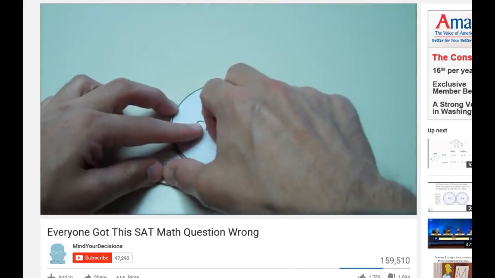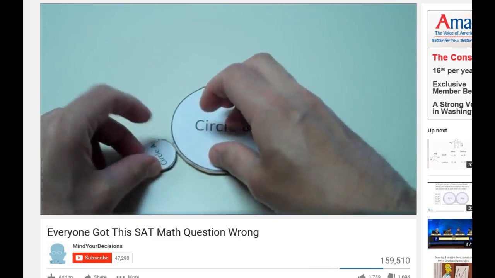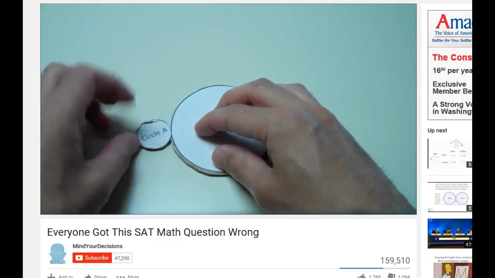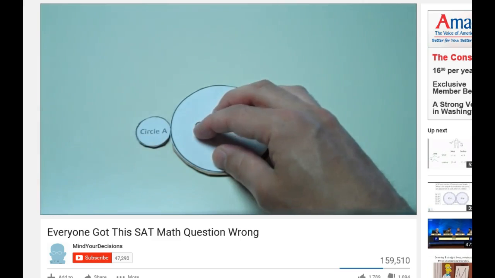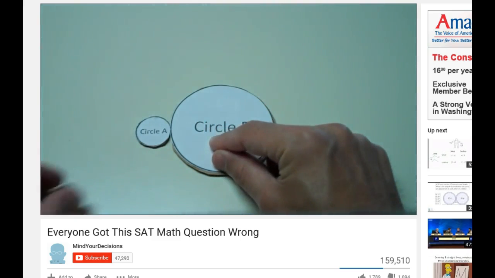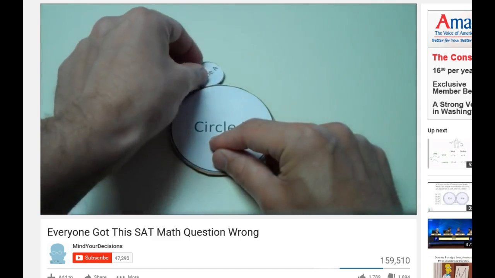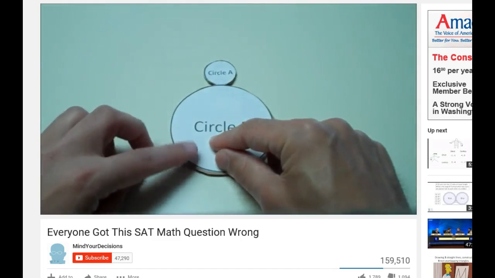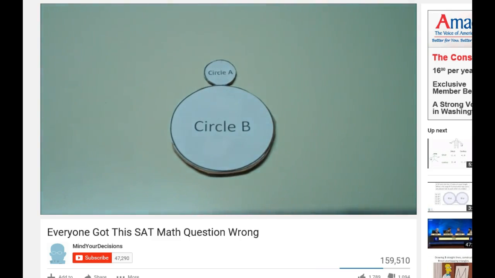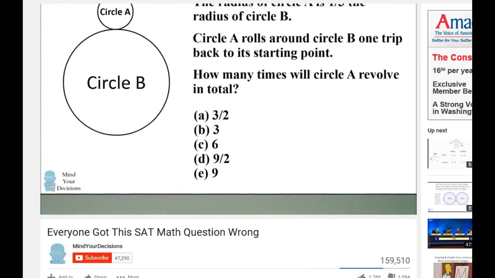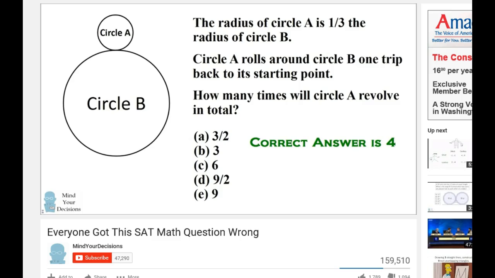As we continue around, we'll see that by 3/4 of the distance, circle A will roll a 3rd time. And when we complete the trip, this will be a 4th time that circle A has rolled around. So the correct answer is 4.